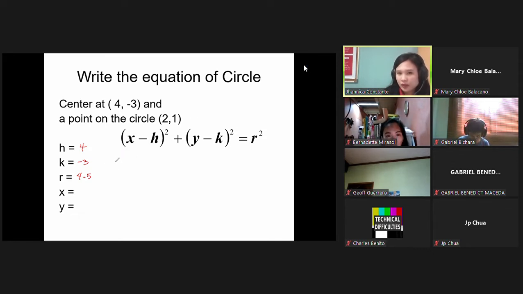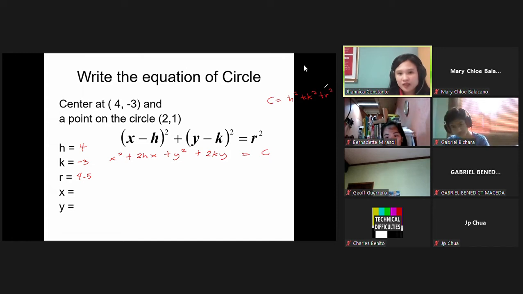Okay. So let's write the expanded form of our equation. Expanded form is x squared plus 2hx plus y squared plus 2ky equals c. How do we get the c? In getting the c of your equation in expanded form, c is equal to h squared plus k squared plus the radius squared.